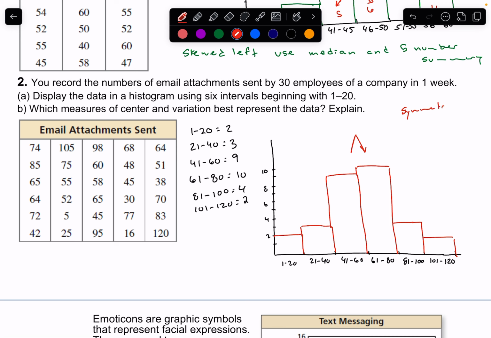I don't think this is skewed left or right, which means I could use the average, the mean, and I could use the standard deviation when I discuss this data. Because it's symmetrical, I can use those numbers and feel okay about what information I'm representing when I use those numbers, all right?